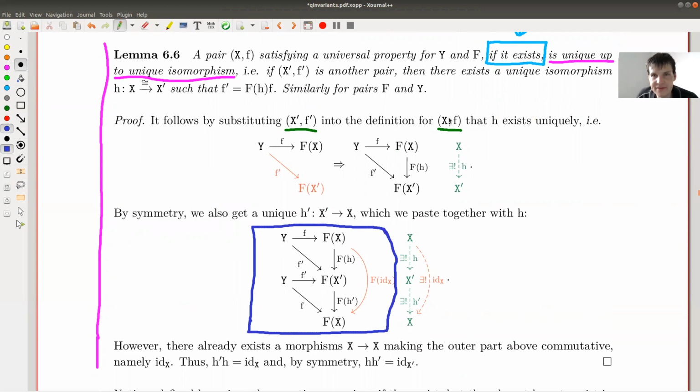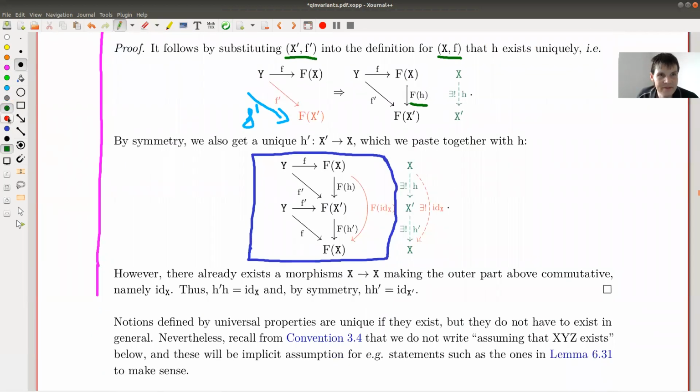So X and F satisfy the universal property. So my blue choice here, and you can just take F prime. So there exists a unique map making this commute. Good. So this is this part of the diagram. But now you also have the universal property for F prime, and you can choose F. And then there exists a unique thing making things commute.